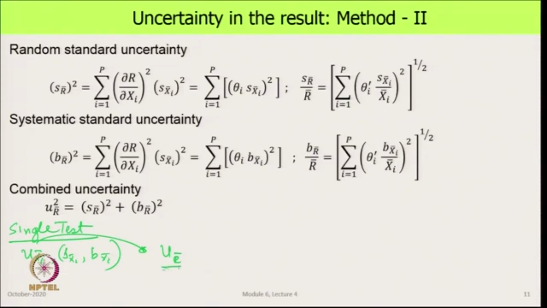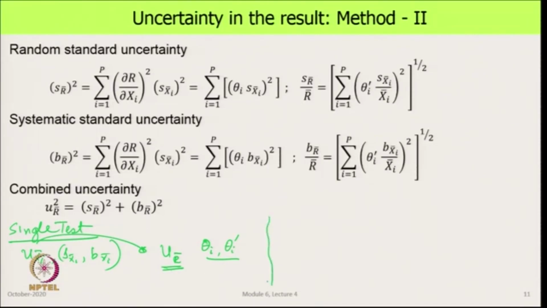So, when we got the final result in method 1, we got contributions of individual uncertainties, the combined individual uncertainties, theta i's or theta i prime. So, we know which parameter is contributing how much. This method 1 tells us.